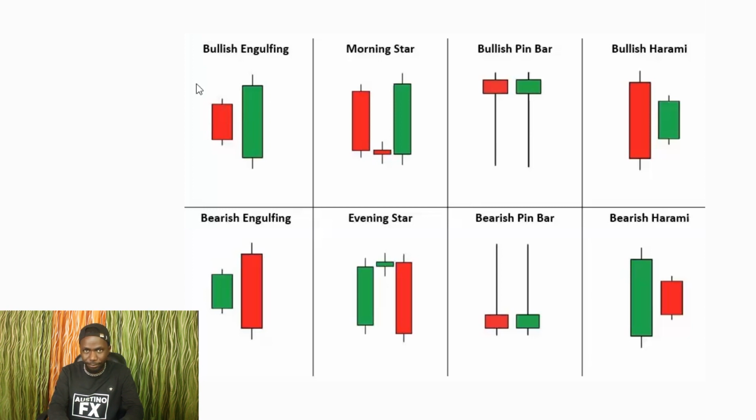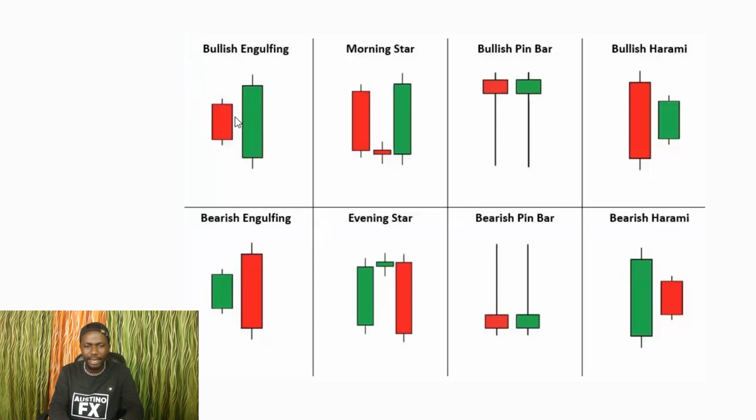at a support level. So when the price is going down in a downtrend and gets to a support level, the price now begins to range, and suddenly you see a long green candle that engulfs the red. This tells you that the buyers have stepped into the market, so we call it the bullish engulfing pattern.